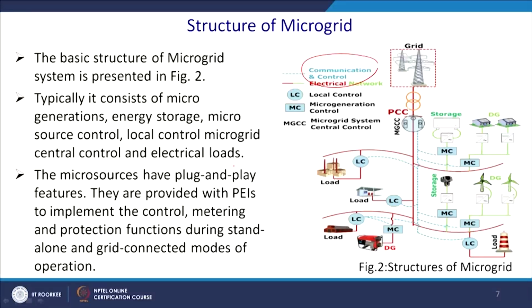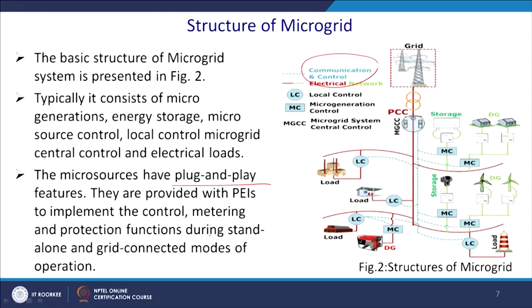Micro sources have plug and play features. So, if you are not here one day and do not want that solar power to be trapped, you may not trap it, or if you have a maintenance issue, you can switch your solar inverter off. So, these are plug and play kind of devices.